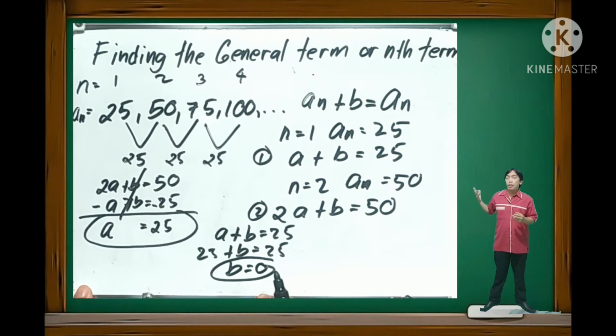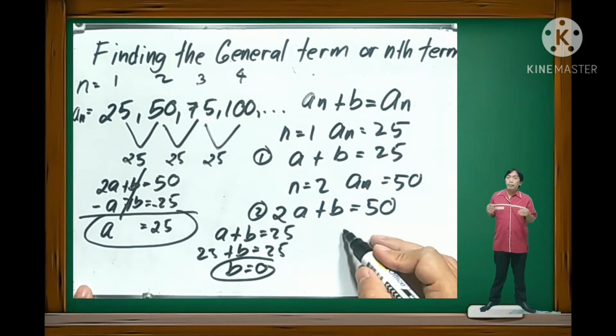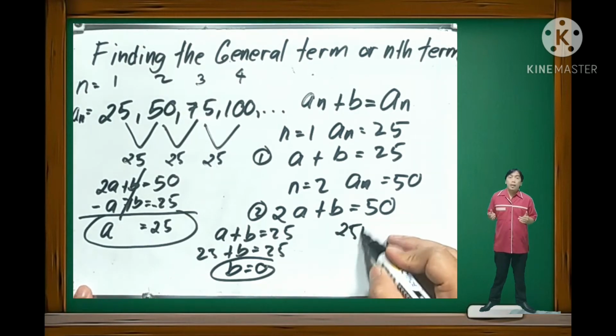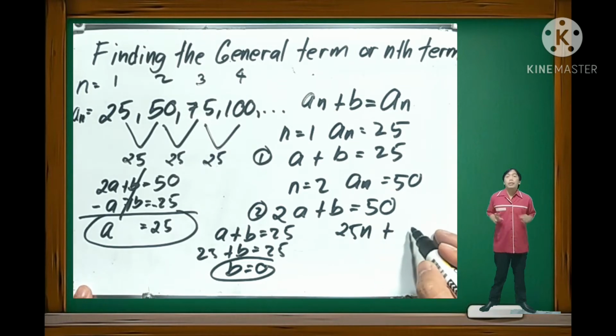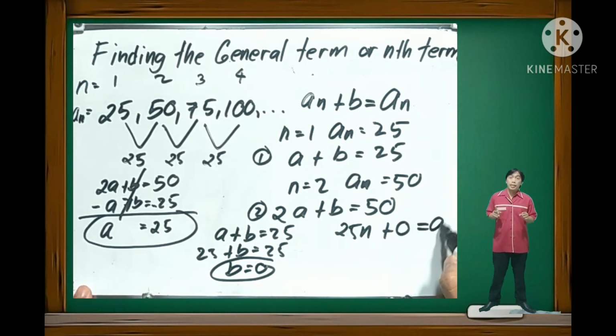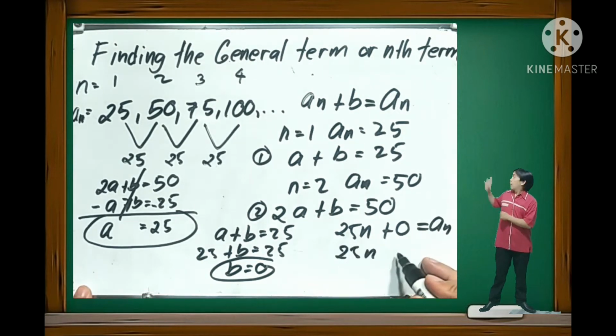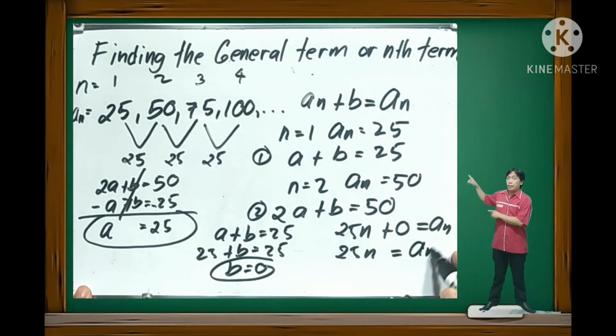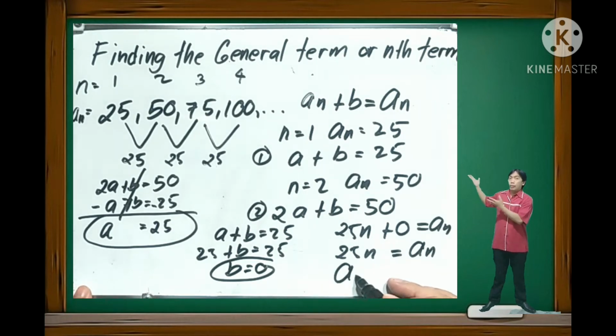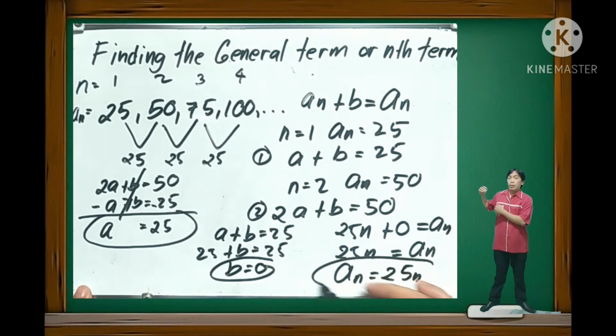Now a is 25 and b is equal to 0. Let us substitute it: 25n plus 0 is equal to a sub n. So 25n is equal to a sub n. We can rewrite it as a sub n is equal to 25n. That is our nth term.